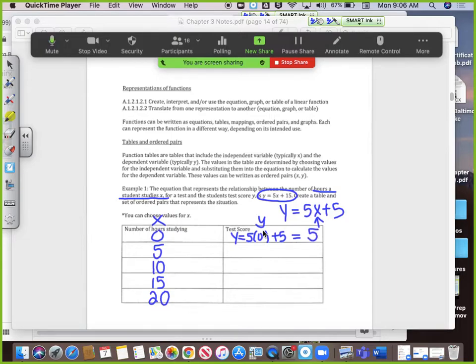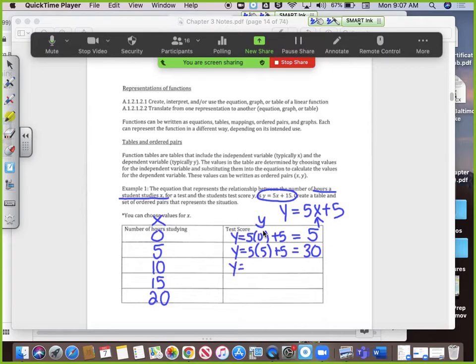I don't know if this is actual percents or if this is just scored differently, but the score would be 5 for that one. Then the next one, I'm going to do the same type of thing, but instead of replacing in 0 for x, now I'm replacing in 5 for x. So it's going to be 5 times 5 plus 5. Well, 5 times 5 is 25. 25 plus 5 is 30. So your score would be 30 if you study for 5 hours.